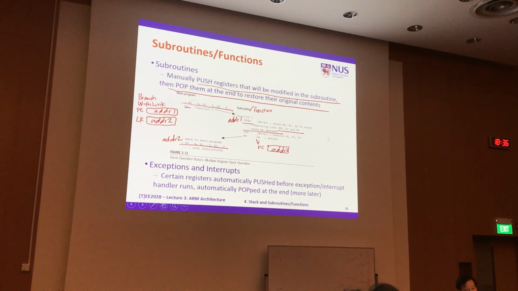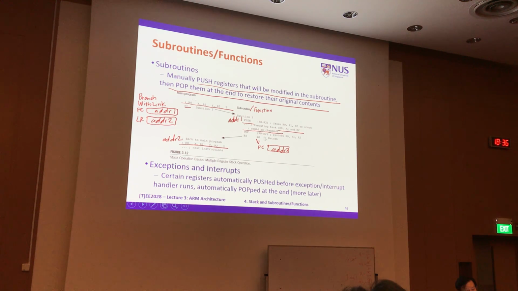Because the R14 would have been overwritten before you got into the second subroutine. So here, once you come inside here, you include the R14 register, the link register, among those that need to be saved. So you push that one as well.